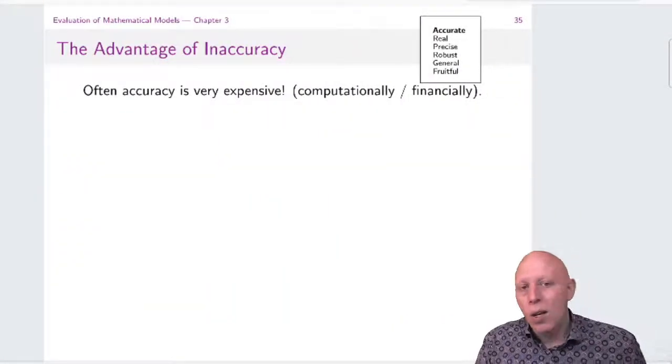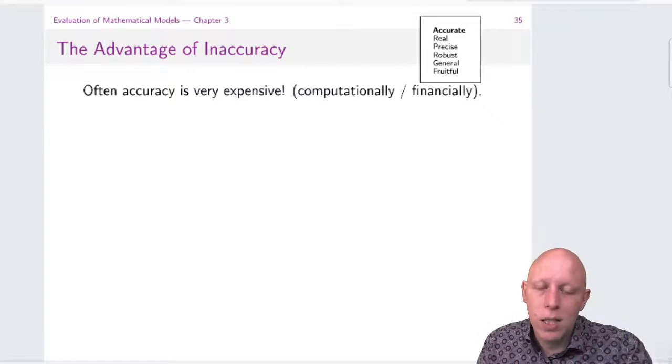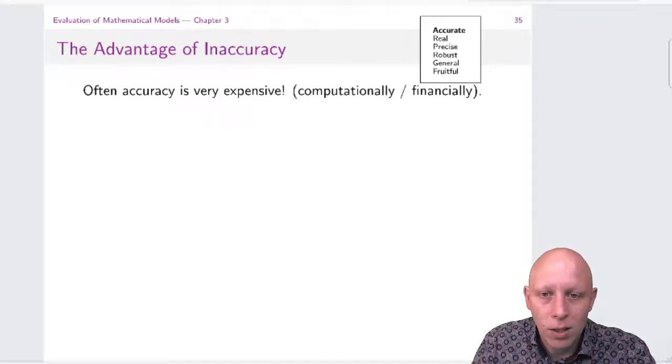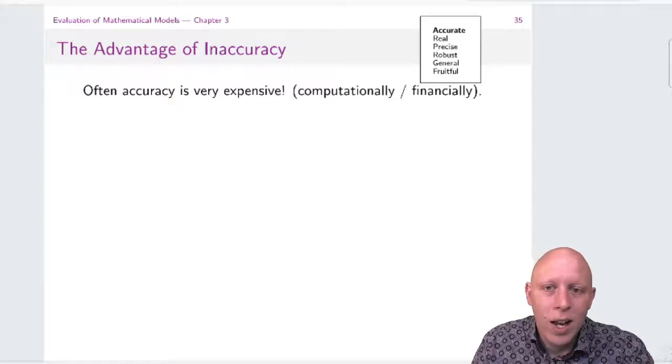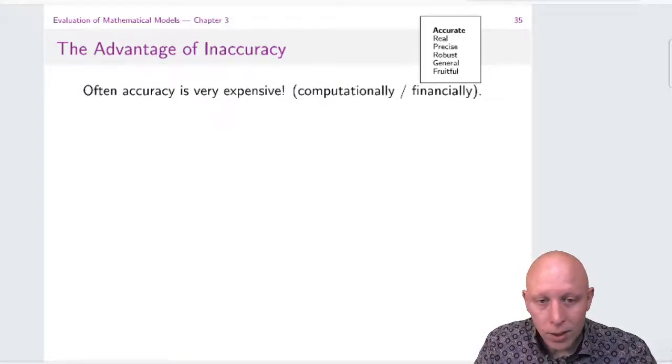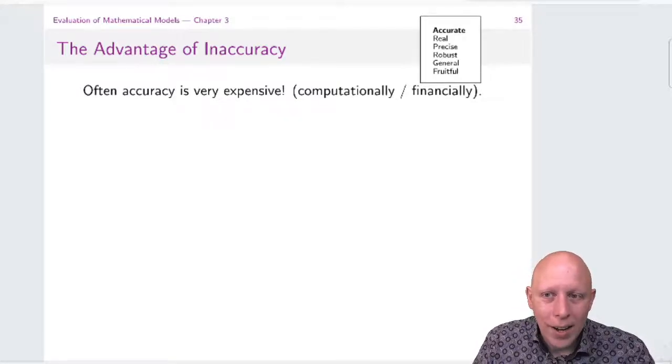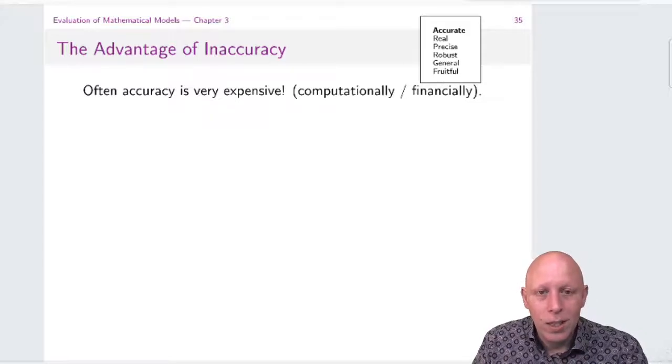All right, so we've gotten through our 6 different types of models, but I wanted to say one last thing about accuracy and the advantage of inaccuracy. So accuracy can be very expensive.